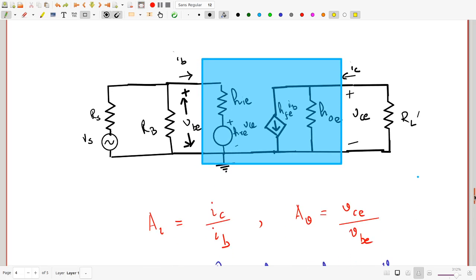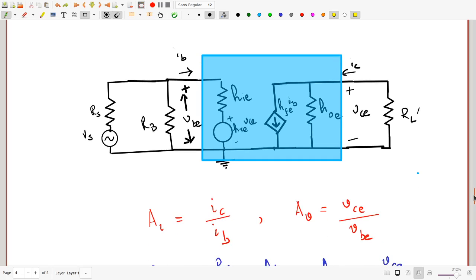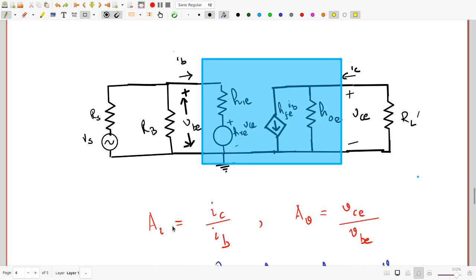Just to point out one thing, what are we really trying to find out? We are trying to find out the current gain, the AI, which is of course the ratio between the output current, which is IC. Remember, IC is the current which is going outside, actually, and divided by IB.